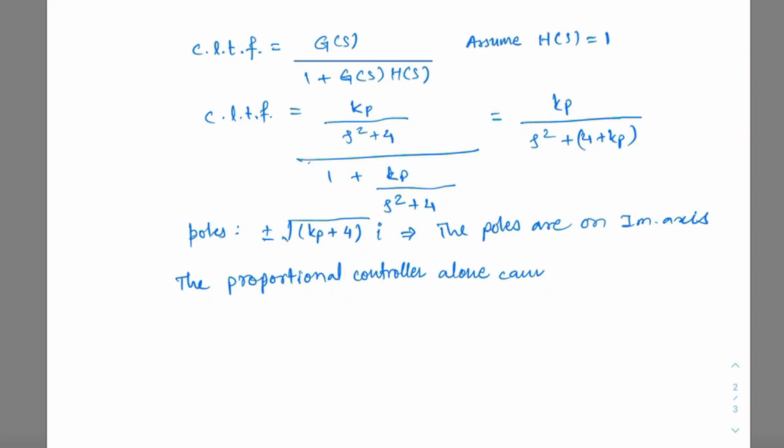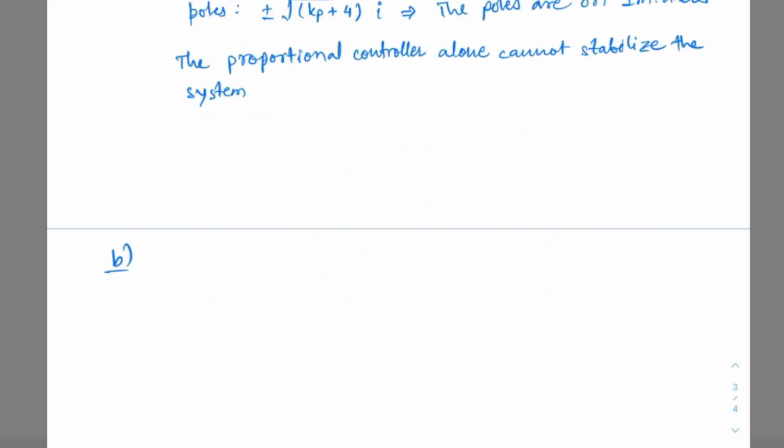Now let's come to the second portion, the integral controller. In this case, C of s would be Ki over s, and G of s, which was P of s into C of s, becomes Ki over s cube plus 4s.